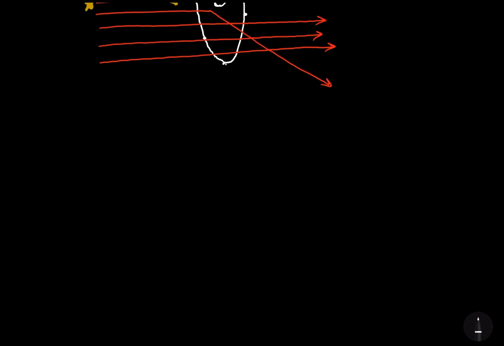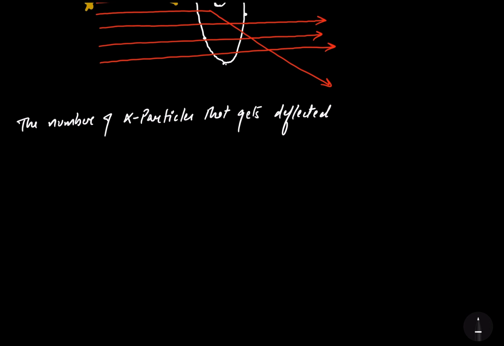So I'm writing: the number of alpha particles that get deflected by a significant angle will depend on the following factors.